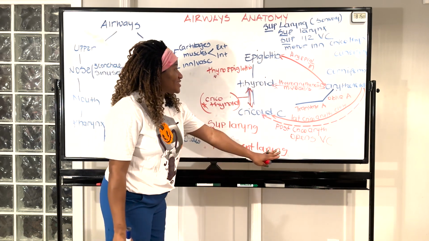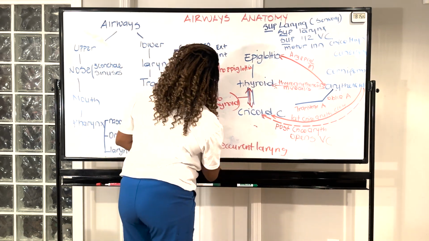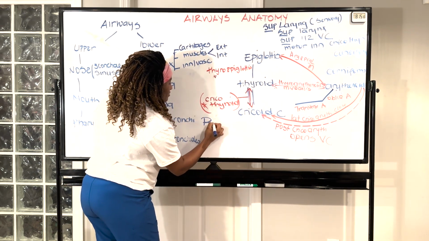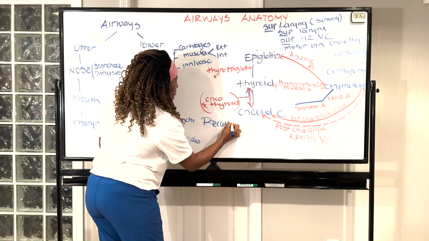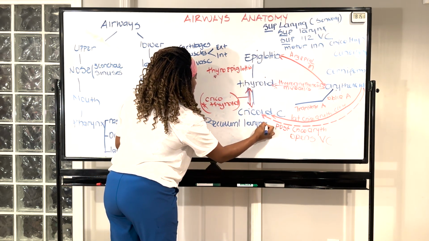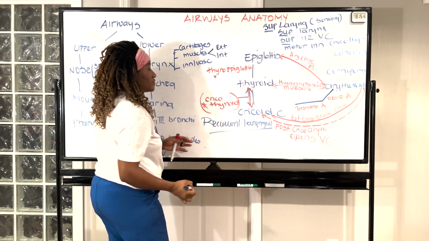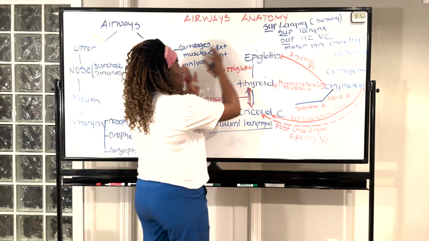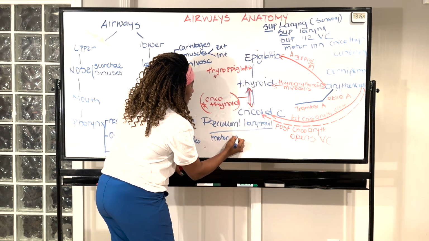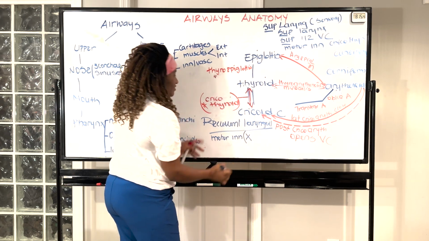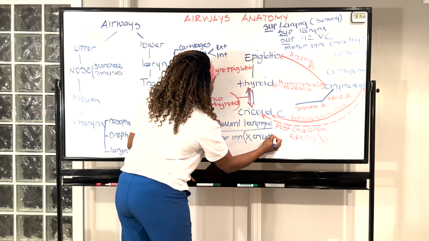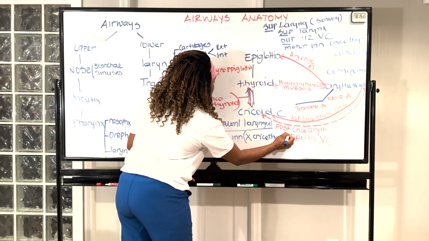Now, the recurrent laryngeal nerve here, I'm going to put him here. The recurrent laryngeal is going to do the motor innervation of all this. Motor innervation, except the cricothyroid muscle.